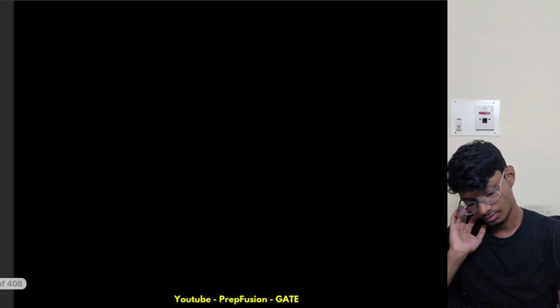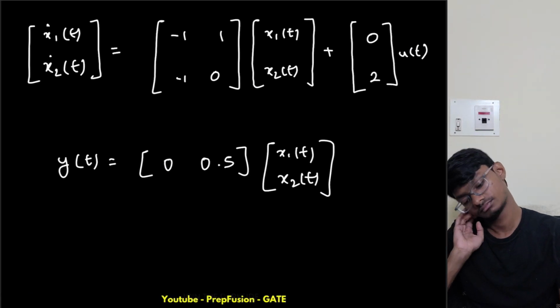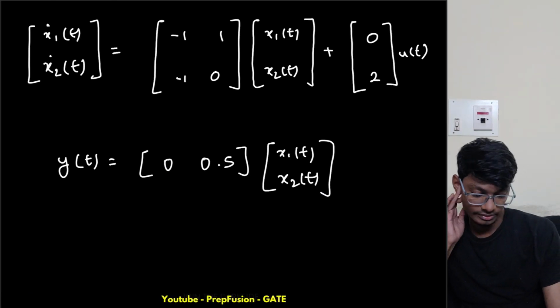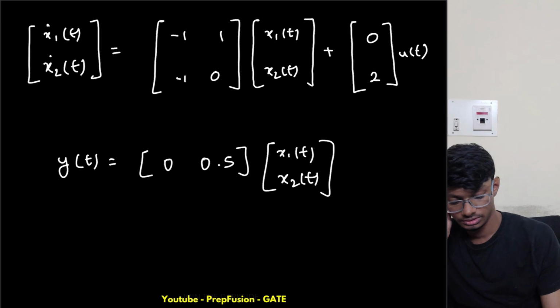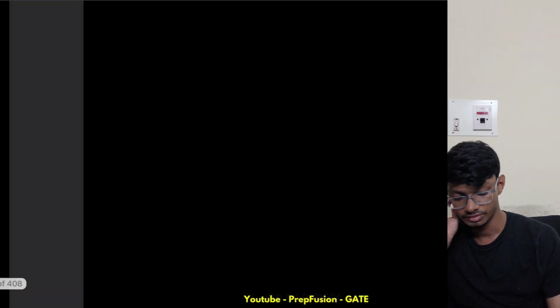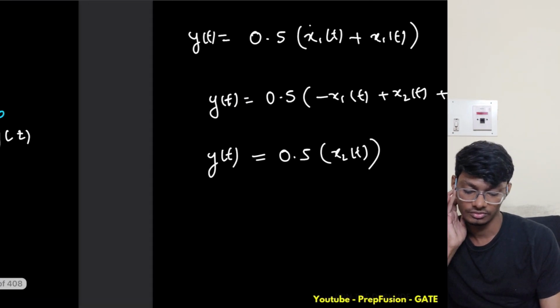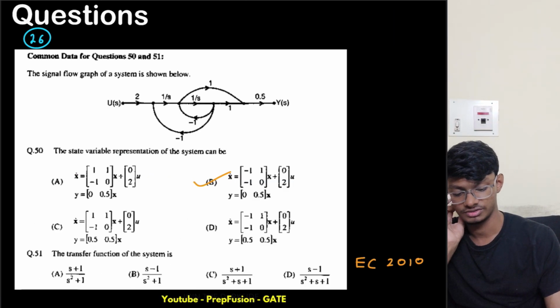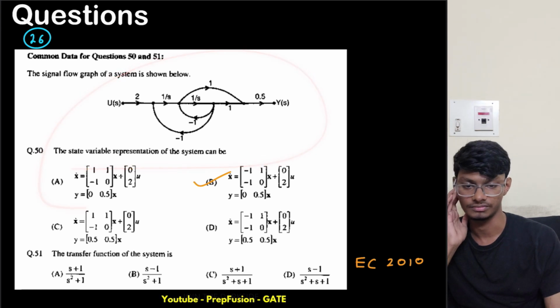Now, this is y of t, this is x1 of t, this is x2 of t. So option b we get. Now, is there any other method? The other method is simply to find the transfer function of each of them, simplify it, and solve from there.